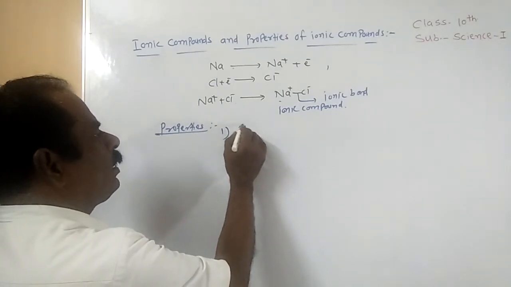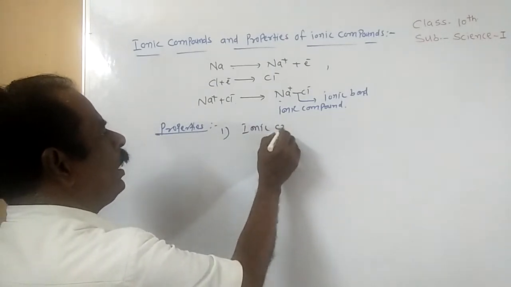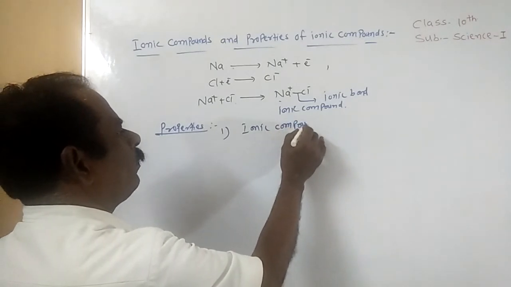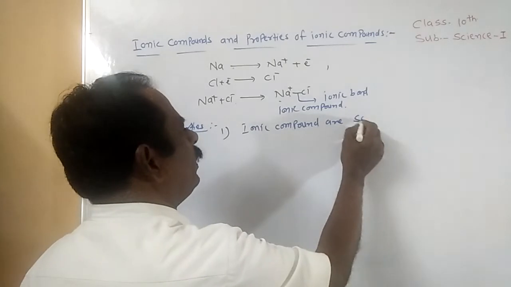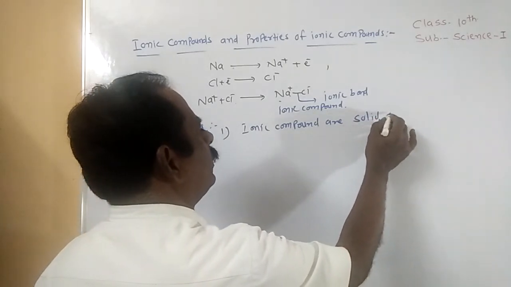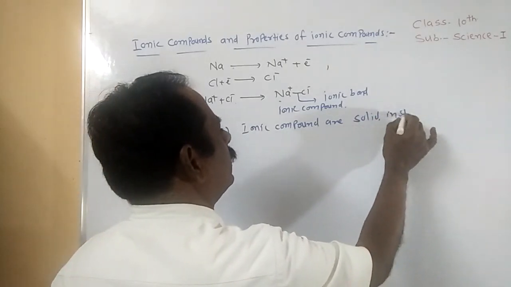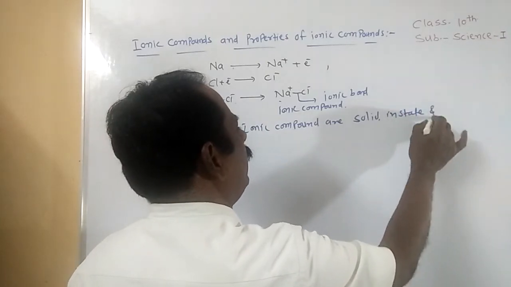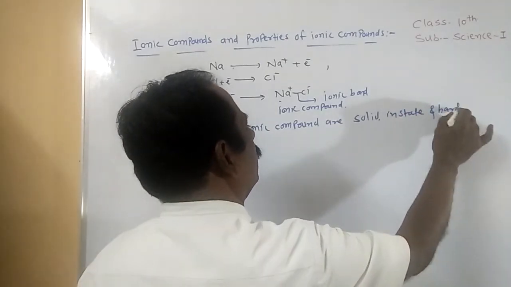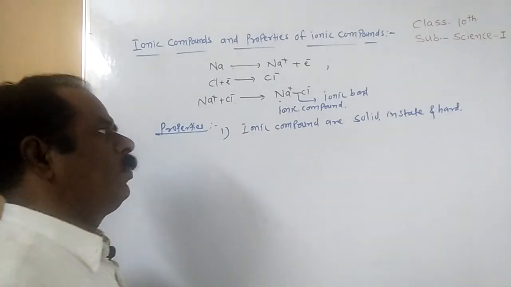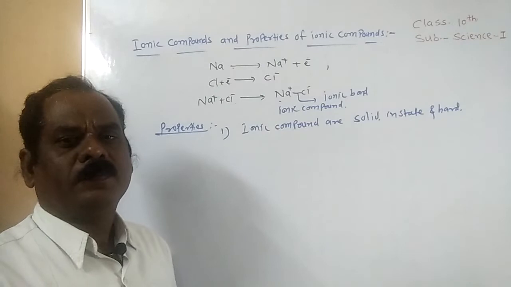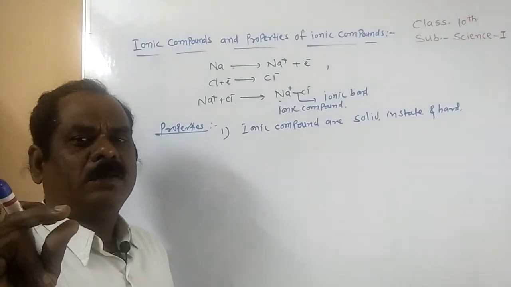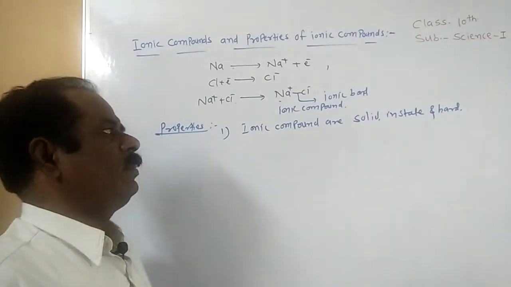Hence, the first property: ionic compounds are solid in state and hard in nature. For example, sodium chloride is hard and solid.